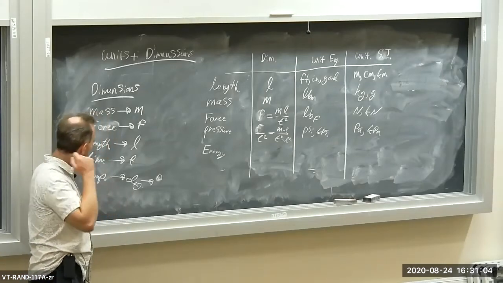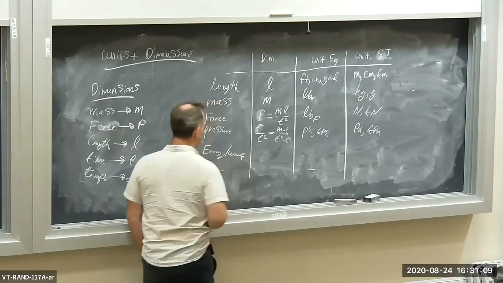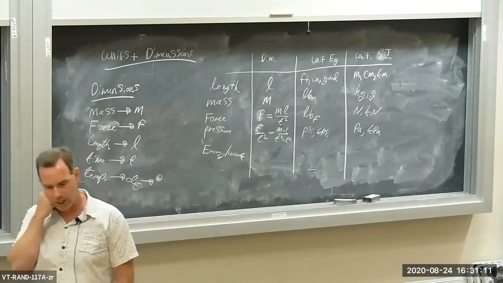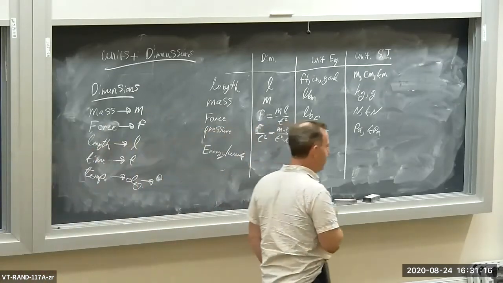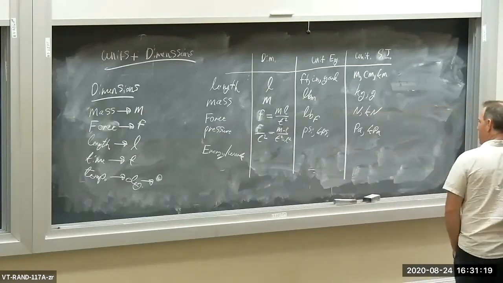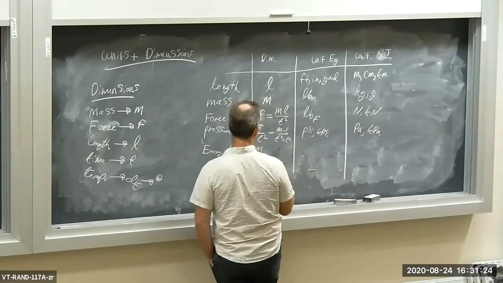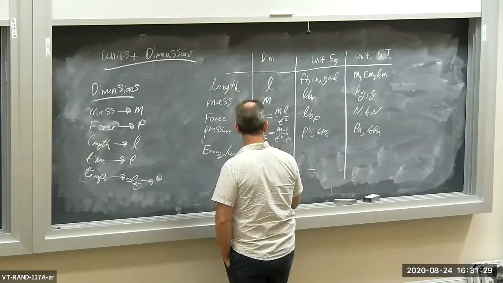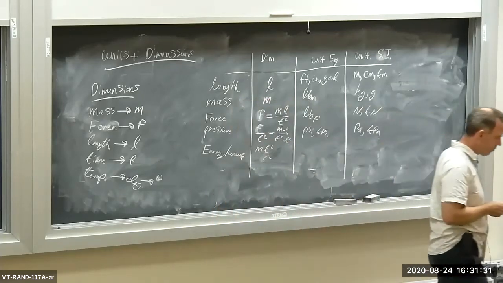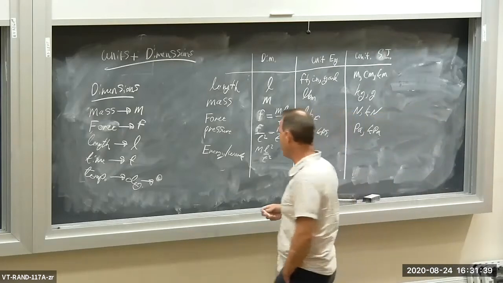So energy or work has to have units of, let's take the kinetic energy, 1/2 m velocity squared. So it has dimensions of mass times the velocity squared, which is length squared over time squared. Kinetic energy has dimensions M L squared over T squared.